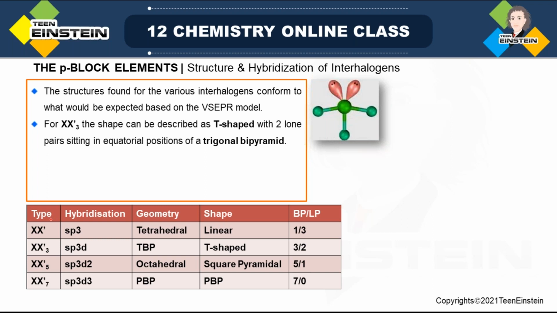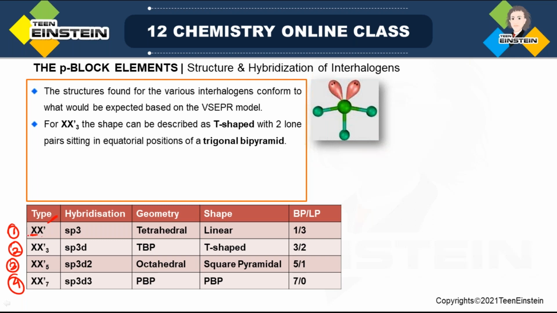See, here in this table, we have all these 4 types, 1, 2, 3, and 4. When it is the first type, that is 1:1, the corresponding hybridization is sp3. And when it is sp3 hybridization, the geometry will be tetrahedral. But see, here one halogen is attached with another halogen. If it is tetrahedral, we know it is 4 coordinated. But if there is only one X', what will be in the rest of the 3 coordinating positions? There will actually be lone pairs.